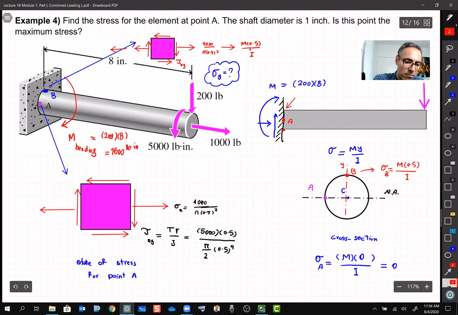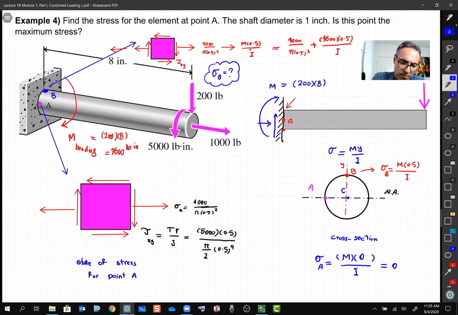So therefore, it's equal to 1000 over pi plus M, which we just found, right? M is how much? 1600, divided by I, which we know how to calculate.